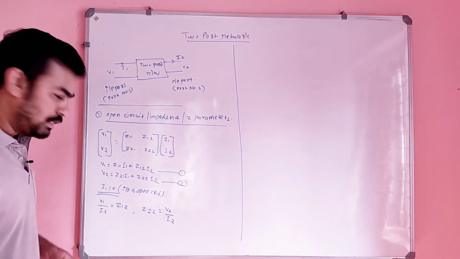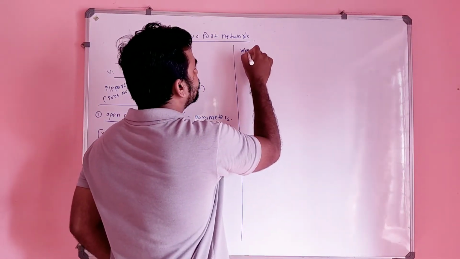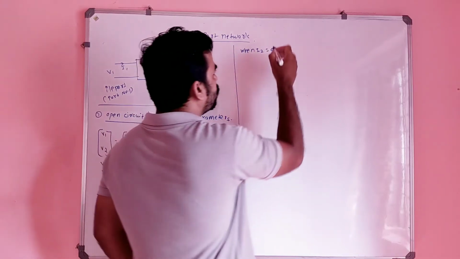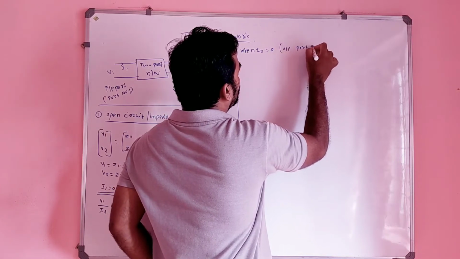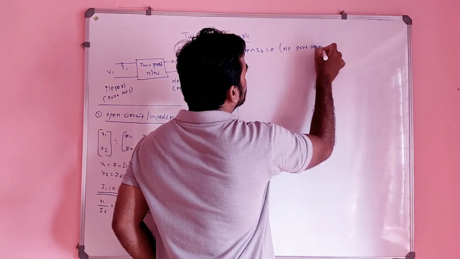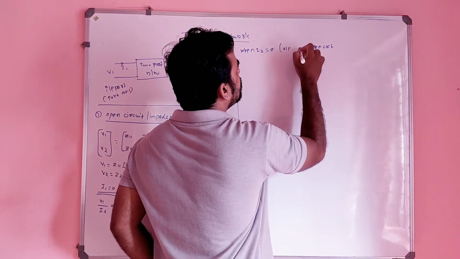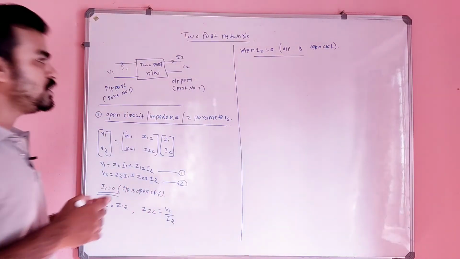I1 is equal to 0, and the next condition is when I2 is equal to 0. I2 equal to 0 is nothing but the output port open circuit, right? Simply, output is open circuited.